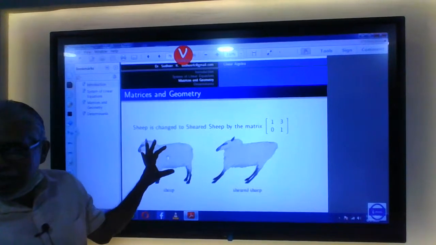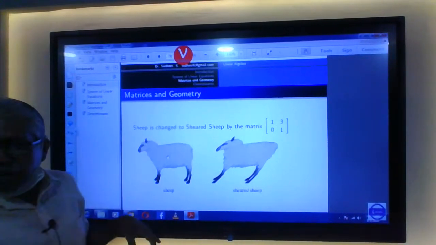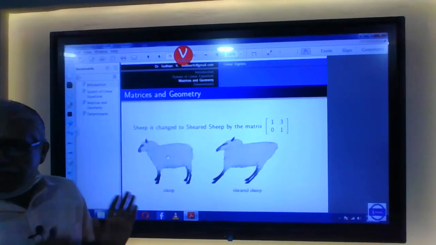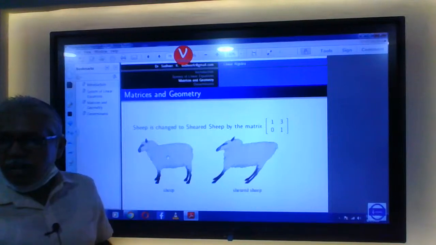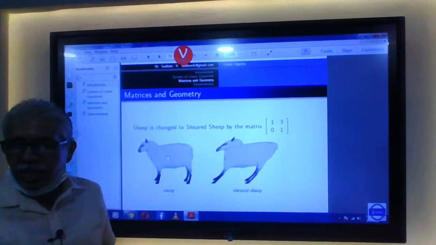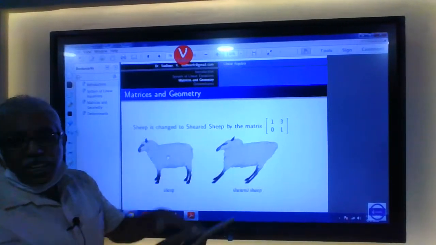This was the place I asked you to fix your photograph. After applying this matrix 1, 3, 0, 1, the photograph got deformed, so you get the deformed shape. You call it a shearing.